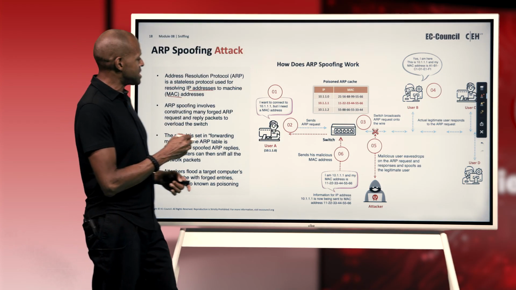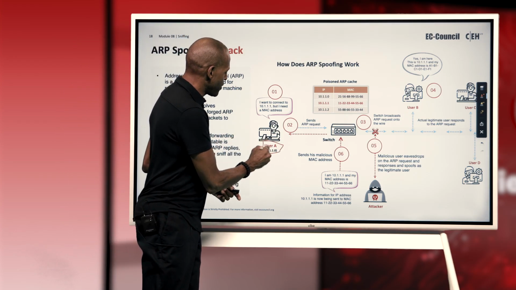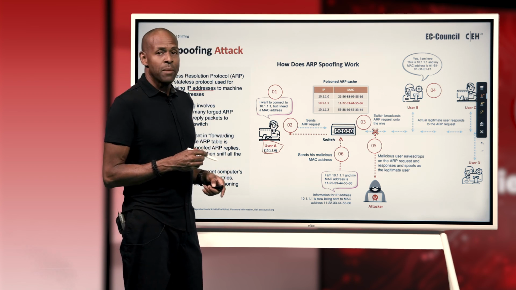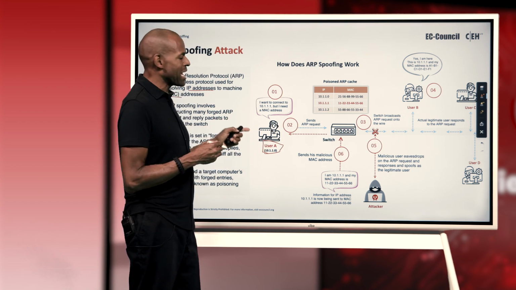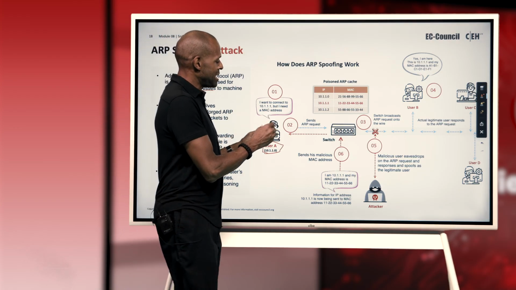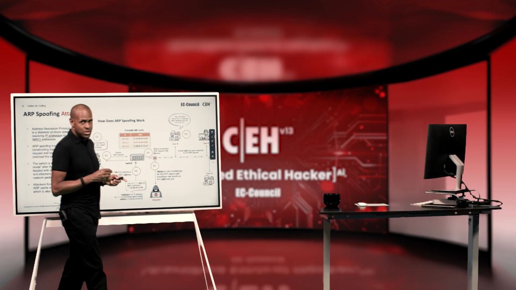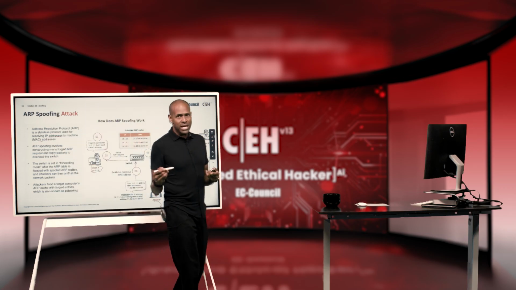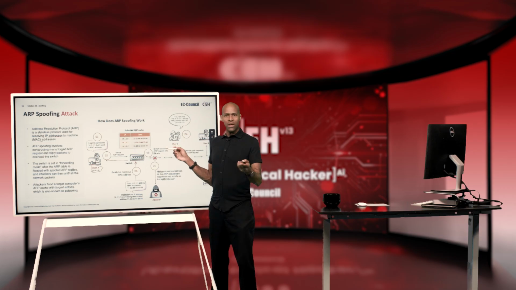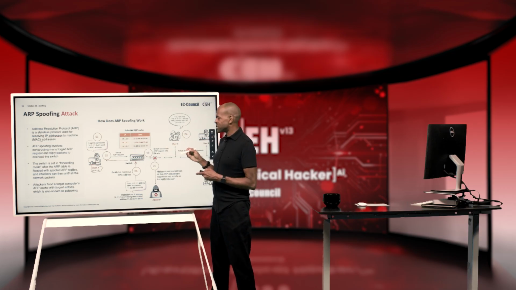So what's going to happen is this user right over here is going to say, hey, I need to connect to 10.1.1.1, but I don't have its MAC address. No communication is going to take place without that MAC address. So it sends an ARP request to the switch, and the switch broadcasts that ARP request looking for that IP address.